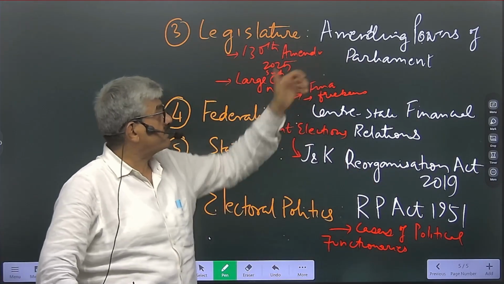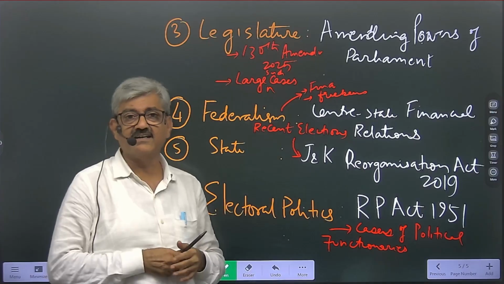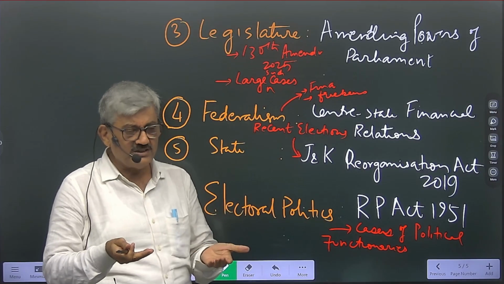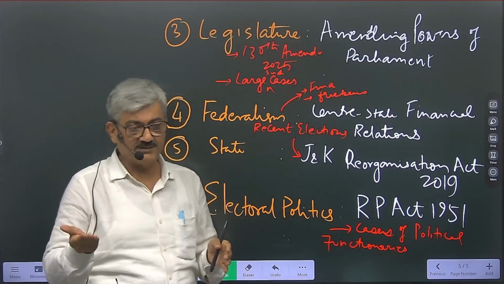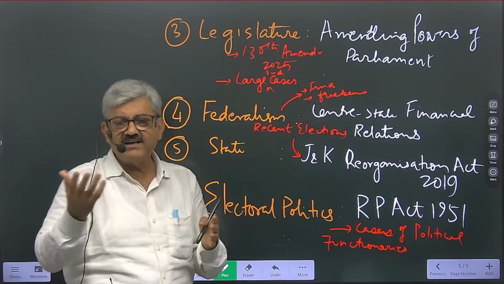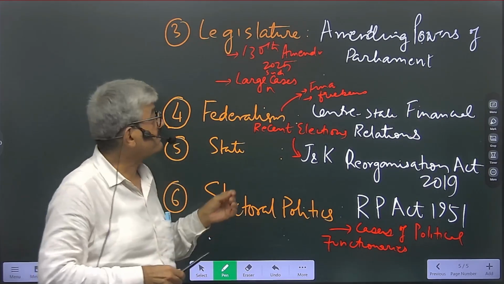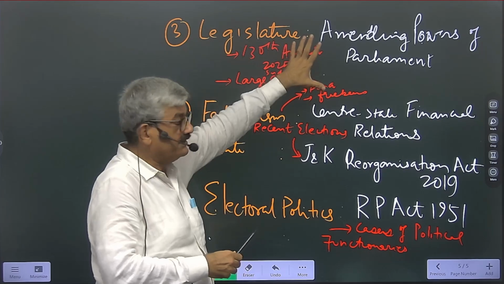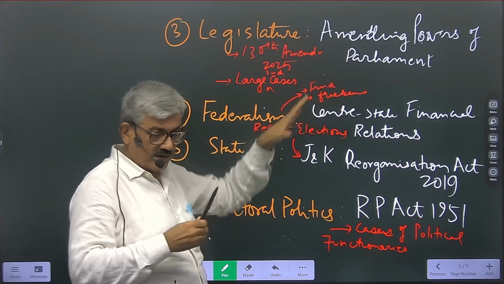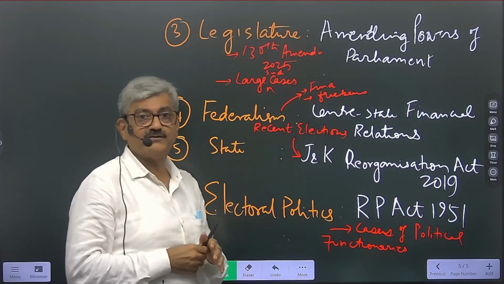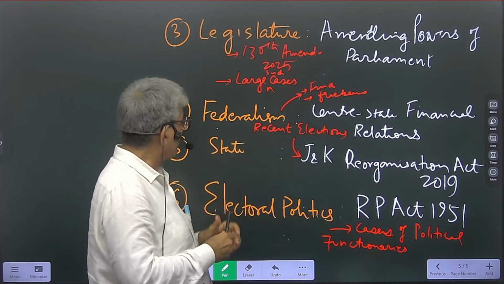Therefore, this question was quite expected, and very recently, just 2-3 days before that examination, the government came with the 130th Amendment of the Constitution, proposing to amend Article 75 of the Constitution. Therefore, this became a hot topic, and you are expected to be aware of such things. Again, federalism.